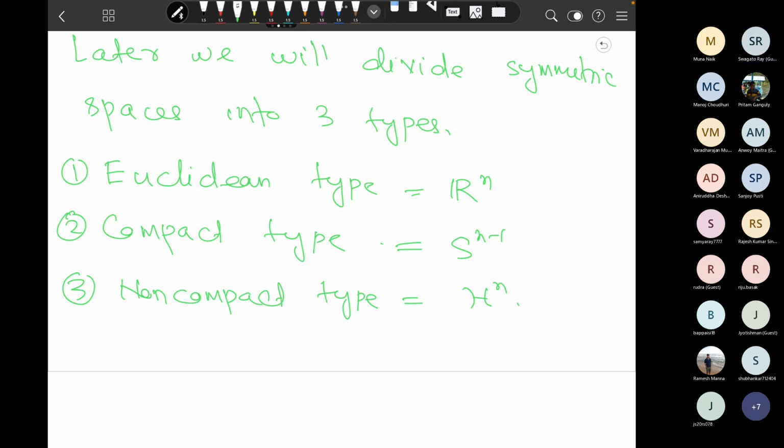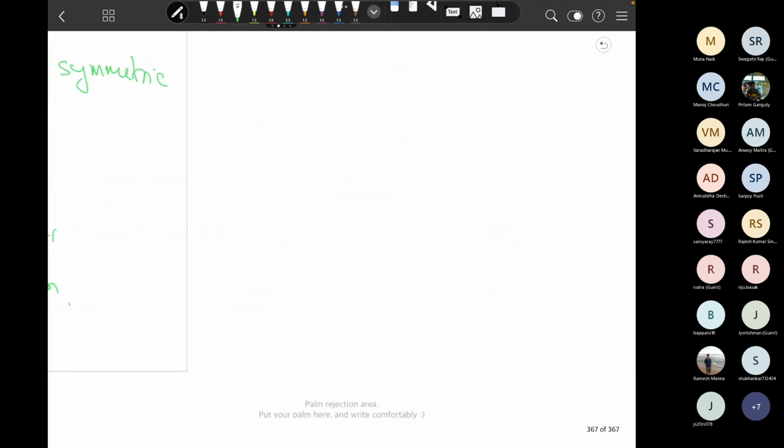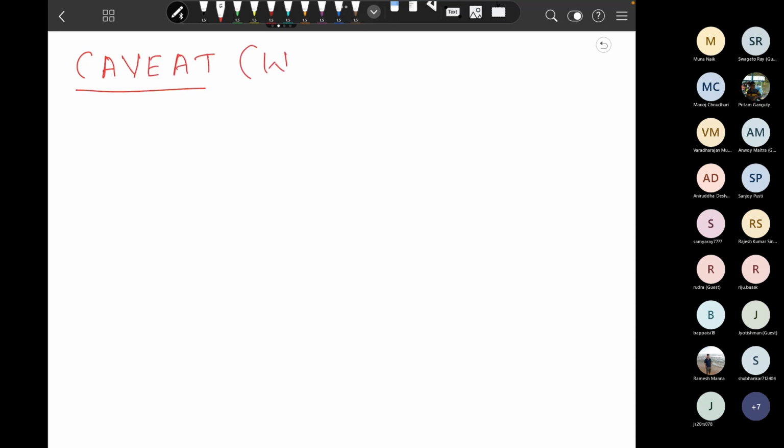Mona, yes sir. You are basically saying that R^n is a non-compact symmetric space, but it is not a symmetric space of non-compact type. Yes, yes. So this is a warning, a caveat.